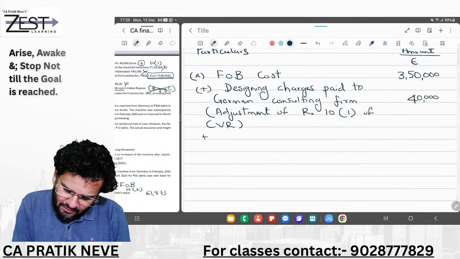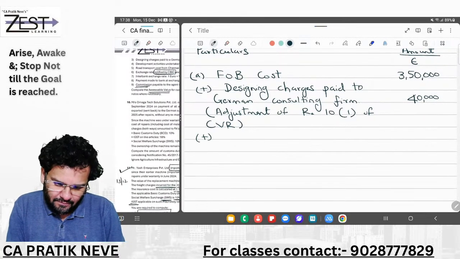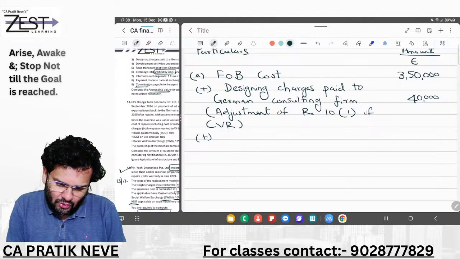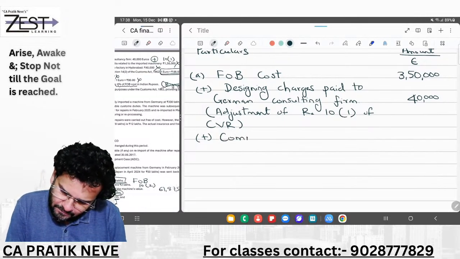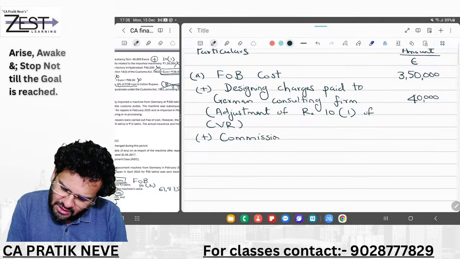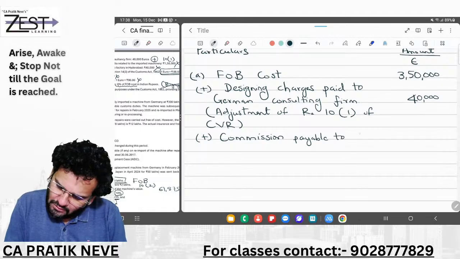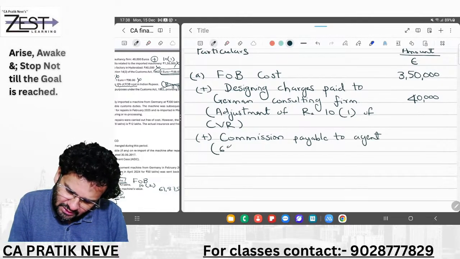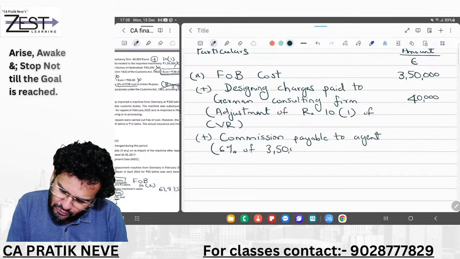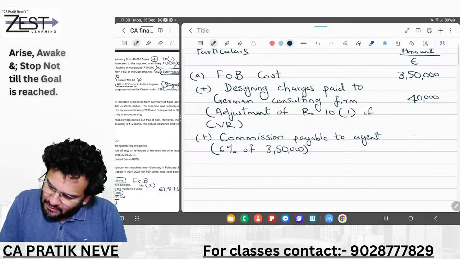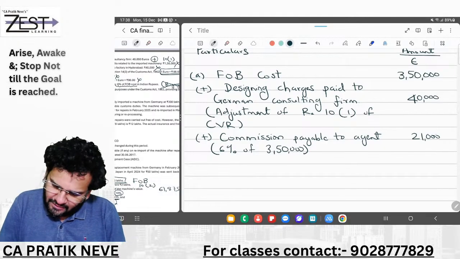Then you add that commission. Okay, commission payable to agent in India. Commission payable to agent. So isn't it 6% of 3,50,000? It is 21,000. Check.